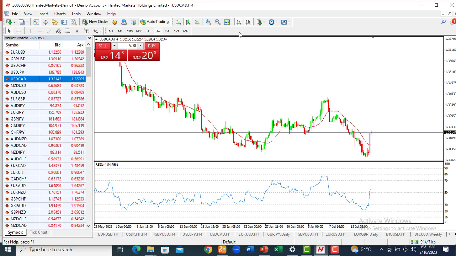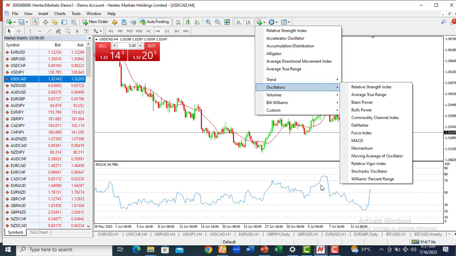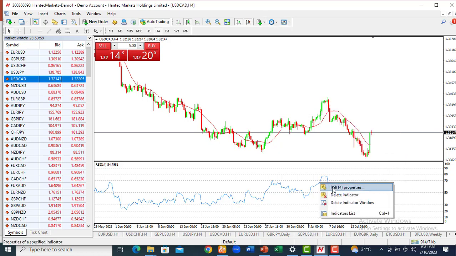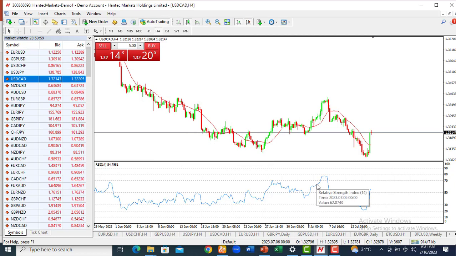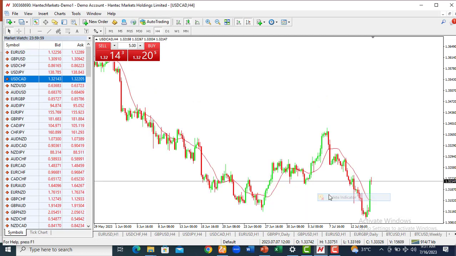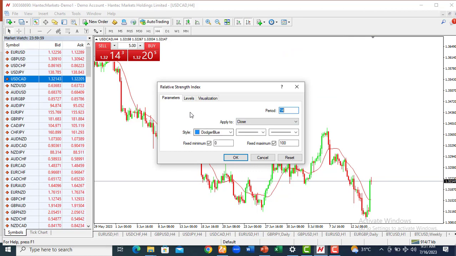Remember, to add your RSI, you go to the indicator list, you come to oscillator, you go to relative strength index, and you can use any color you wish.